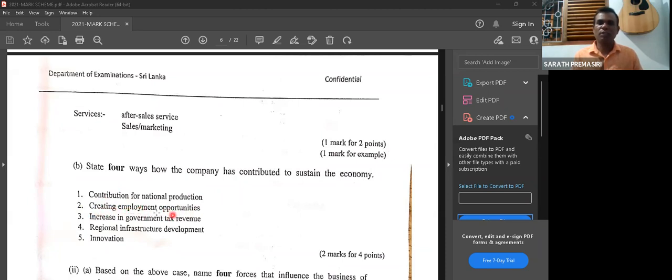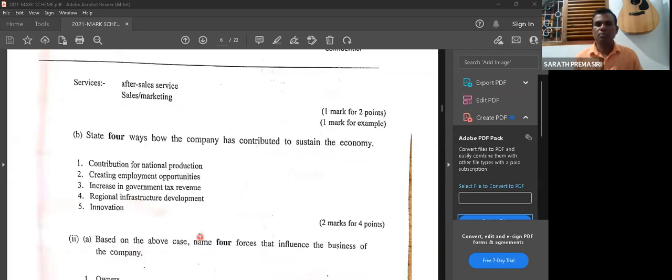Creating employment opportunities, increasing government tax revenue, regional infrastructure development, innovations. Write it down, please.